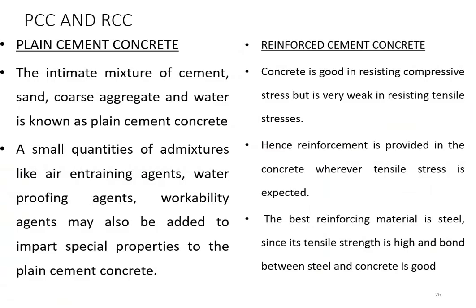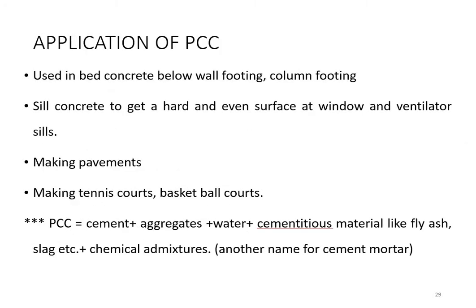The main advantage of reinforced cement concrete is that since you are placing steel, and steel can take tension forces, it can also take the tensile stresses coming over the beam or the slab, whatever it is. If you are just using plain cement concrete, it takes only compressive forces. Okay, then you can study the uses and applications of PCC and RCC. Just go through this.